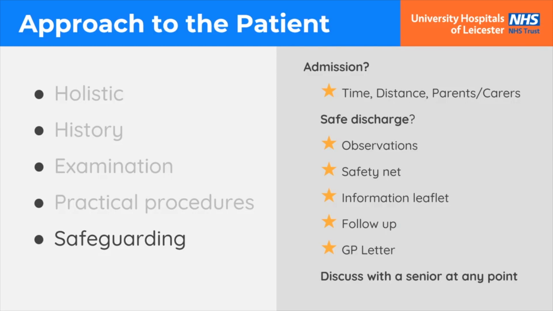And finally, you need a good summary in the departure coding on Nerve Centre, which will then form the GP letter and inform them of what's happened on this attendance. At all points, if you're unsure, discuss with a senior to make sure that the right thing is done.